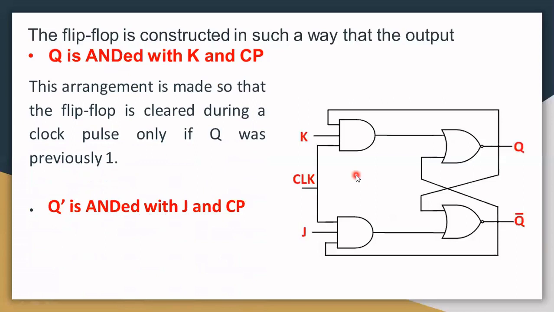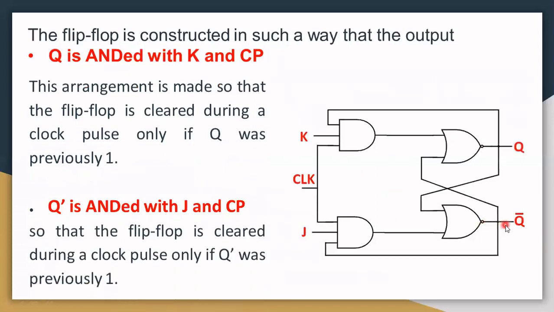Similarly, for the second AND gate, we have J input, feedback from Q dash, then clock. So, the only difference from SR flip-flop is that we have a feedback mechanism from Q and Q dash to K and J. They are connected with AND gates.